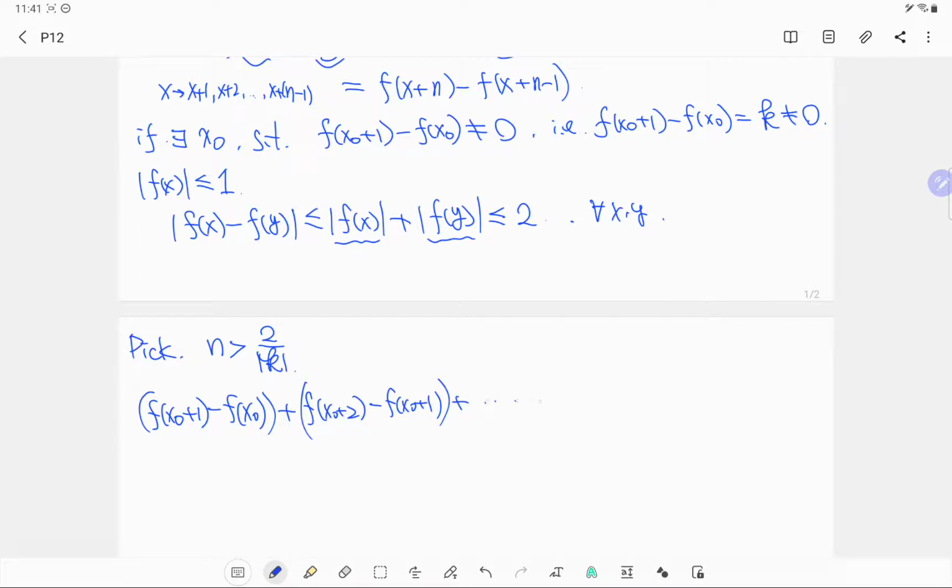And then all the way up to f of x sub 0 plus n minus f of x sub 0 plus n minus 1.